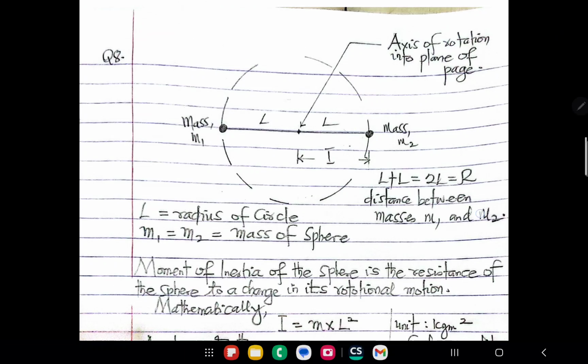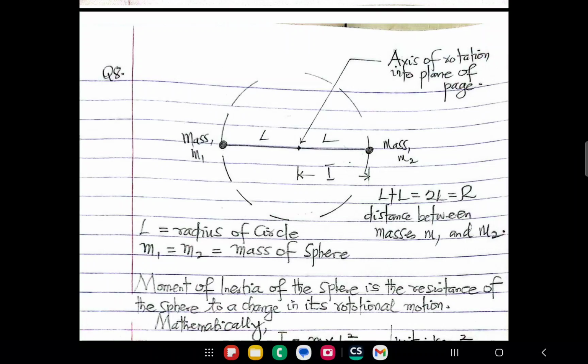So if we try to picture our rotation, it is going to look something like this. Mass 1 here, we are calling it M1, mass 2, M2. Note where our axis of rotation is. So that is our axis of rotation. What has been labeled L is the distance, or the radius of the circle.